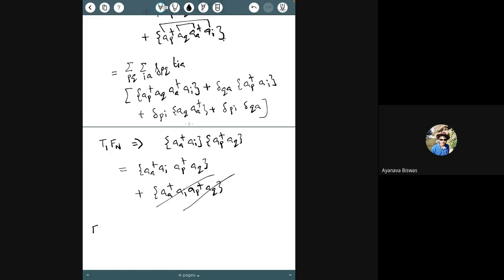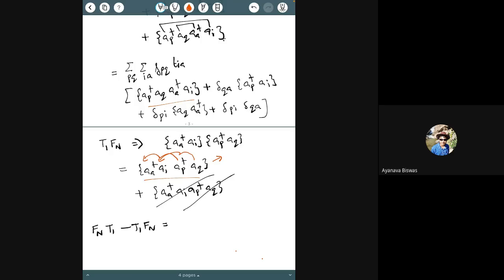Now, what is the commutator value then? F_N T1 minus T1 F_N. So let's look at the two uncontracted strings. Are they the same or are they different? If I want to rewrite this one as the first string, what do I need to do? I need to move P two steps and then Q two steps, right?